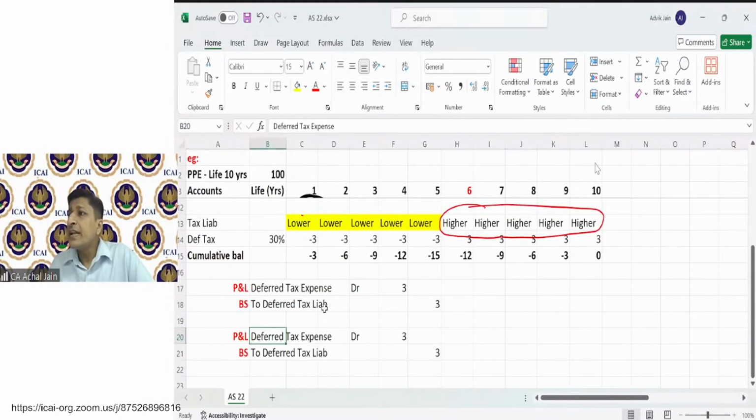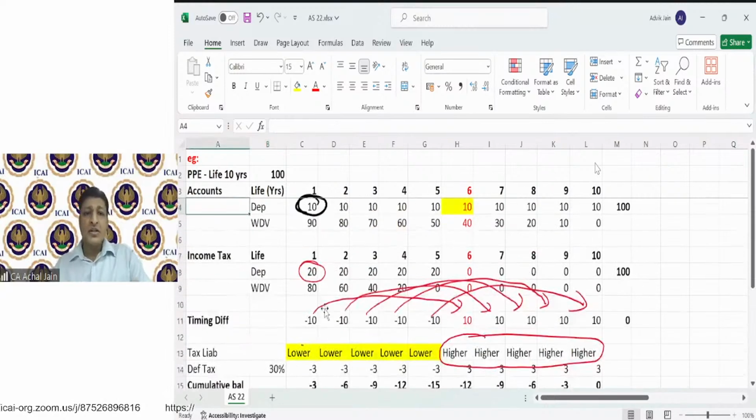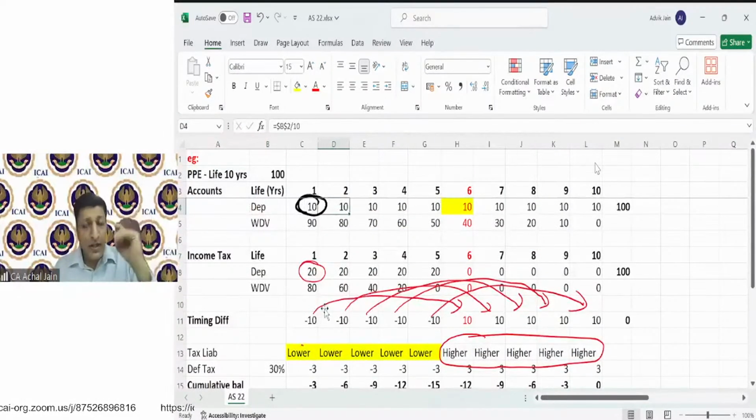Okay, so in the meantime, I have this query from Baswant. He's asking, sir, in the third year, if we changed the method of depreciation from SLM to WDV, how do we treat this? See, very simple. It doesn't really matter what methodology you have been following. You need to just simply go by the numbers. In the books, whatever is your depreciation amount, you will place here.